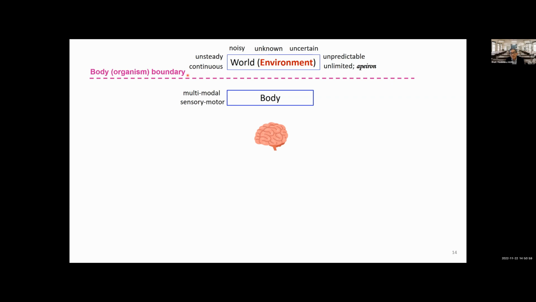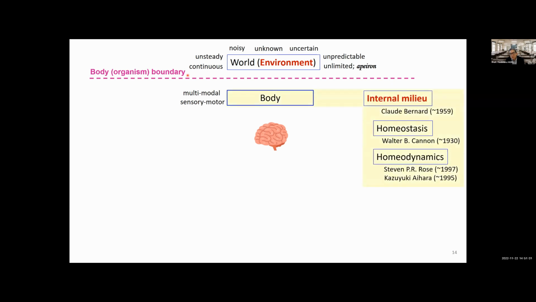In contrast, the body itself has an internal world, which is called the internal milieu. The internal milieu is usually kept steady. This is called homeostasis. But some researchers call this homeodynamics, because the internal states actually fluctuate somewhat, but in a very narrow, limited range.